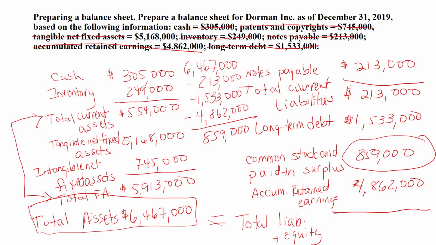Now, when we add these four numbers together, we get $6,467,000, and our balance sheet balances.